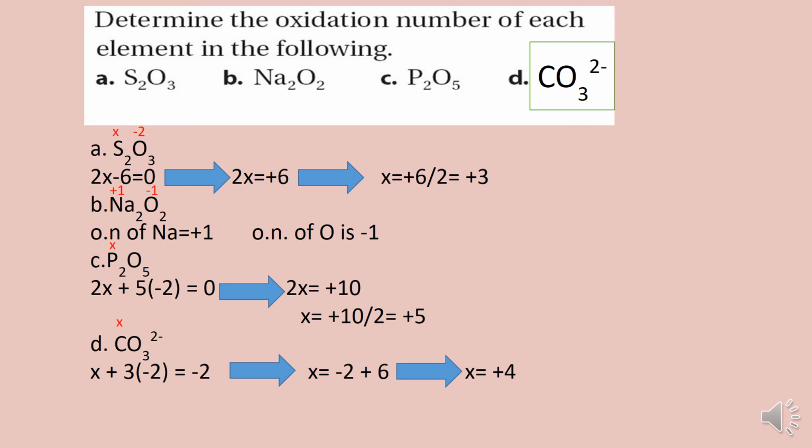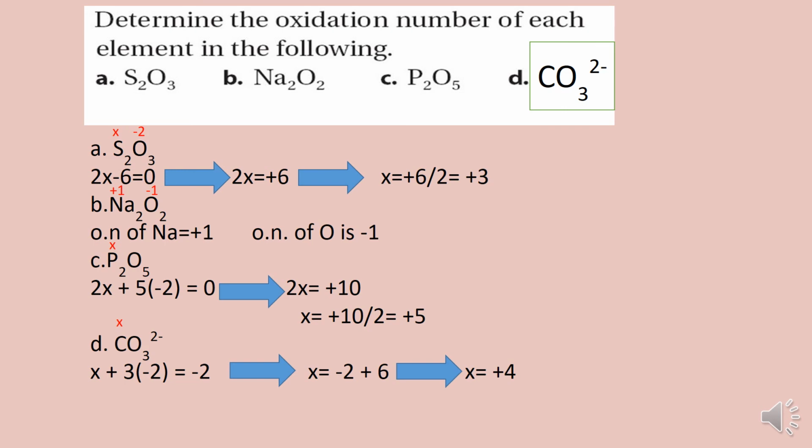If we take CO3 2 minus, it is the carbonate ion. As you know, it is a polyatomic ion. The oxidation number of carbon can be determined by the rule where the sum of the oxidation numbers of a polyatomic ion is equal to its charge, which is 2 minus.